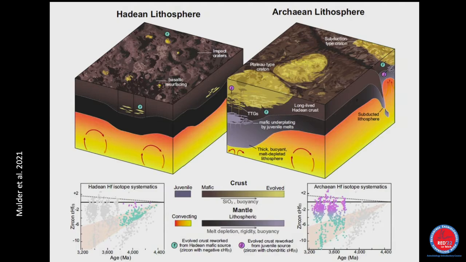But if we melt Hadean crust directly, having TTGs, these light yellow spots, the zircon signatures within these TTGs will be within this area, because we melt old crust, ancient crust with a long residence time.